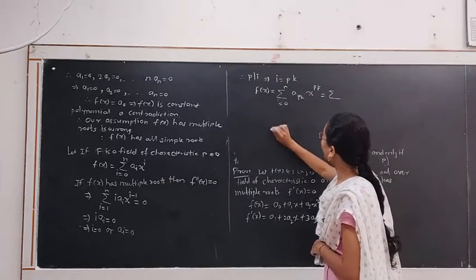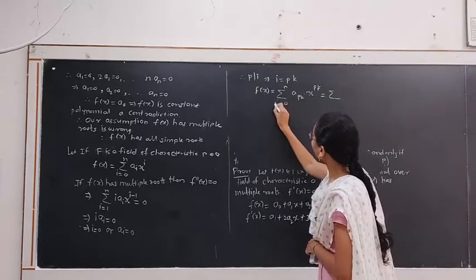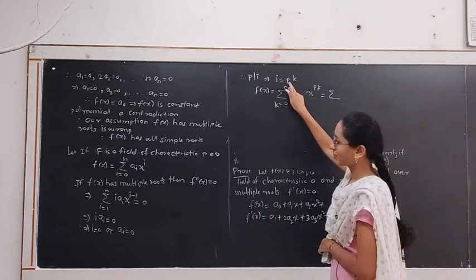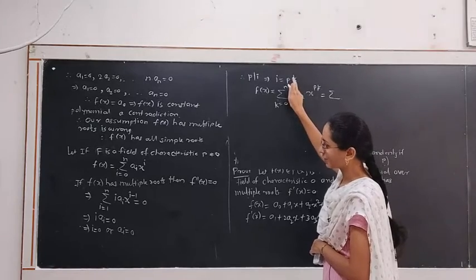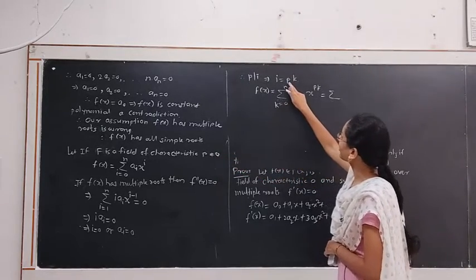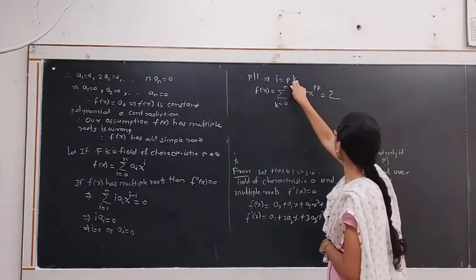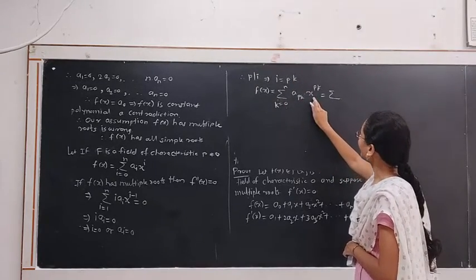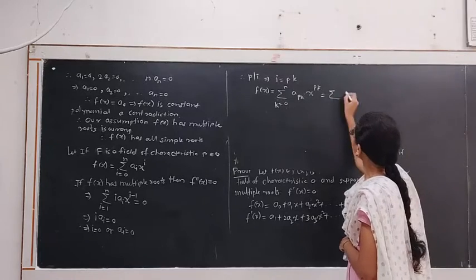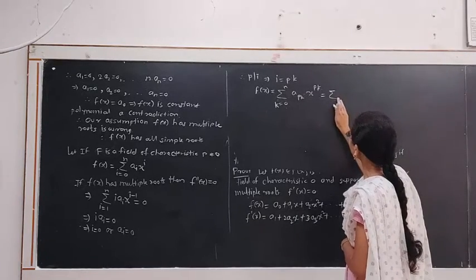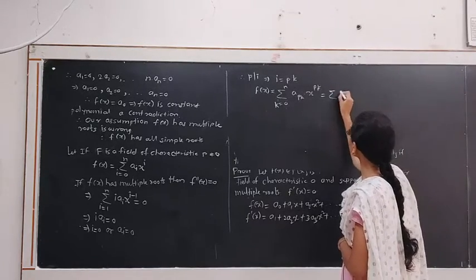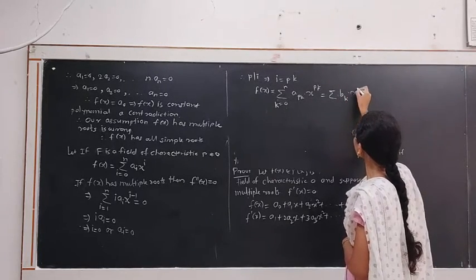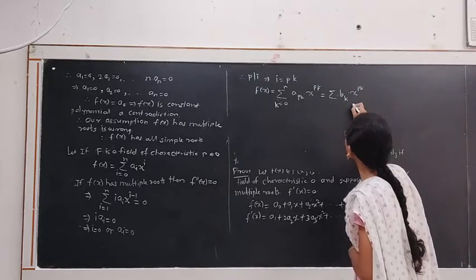So this sum will run for k equal to 0 to n, and p is the characteristic of field F, therefore p is fixed. We have summation from k equal to 0 to n of a suffix pk into x raised to pk. Suppose the coefficient a suffix pk is bk, into x raised to pk.